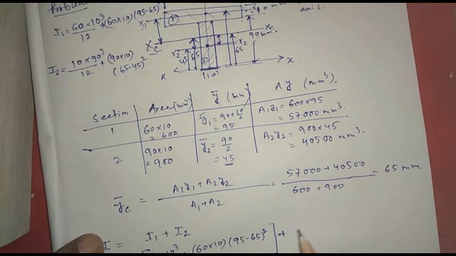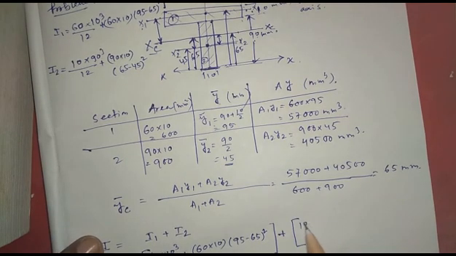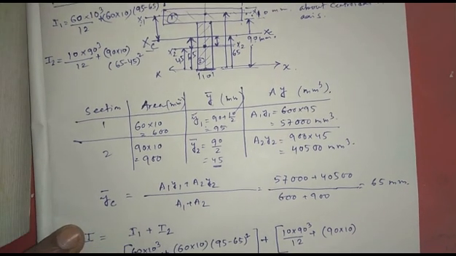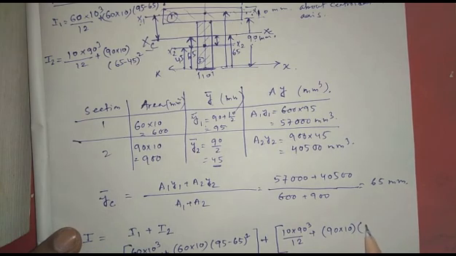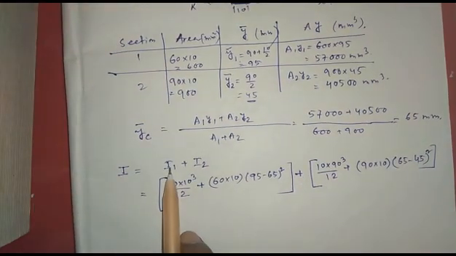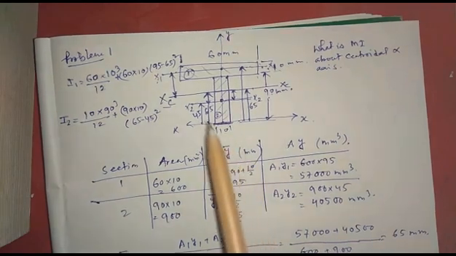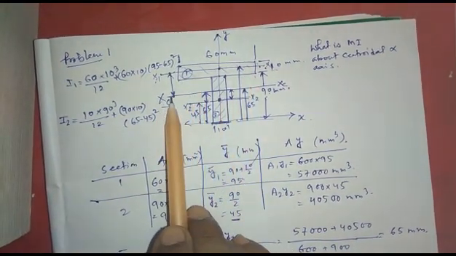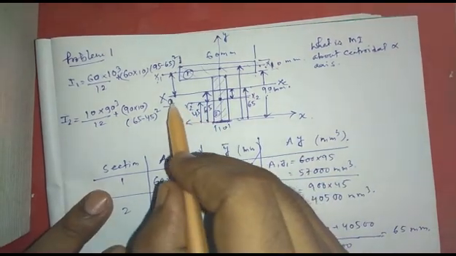So let me rewrite this one. First of all, this is b h cubed by 12 plus area, due to the parallel axis theorem, into the square of the distance between the axes. So this is I1. I1 means the moment of inertia of section 1 about this centroidal x-axis.